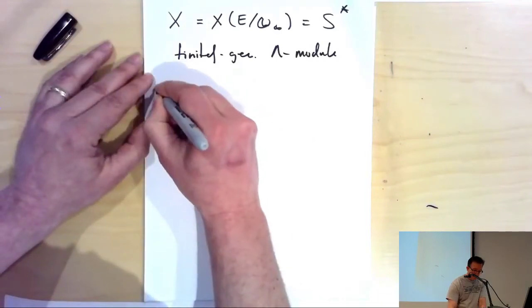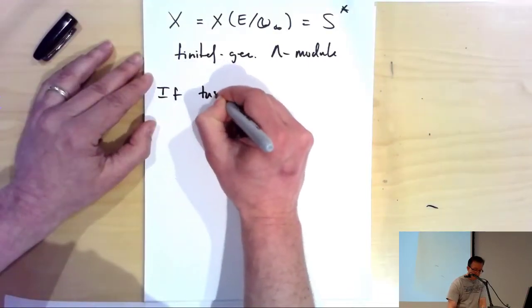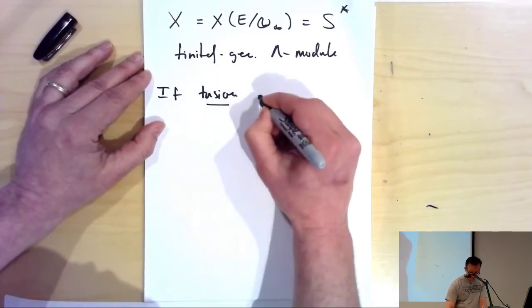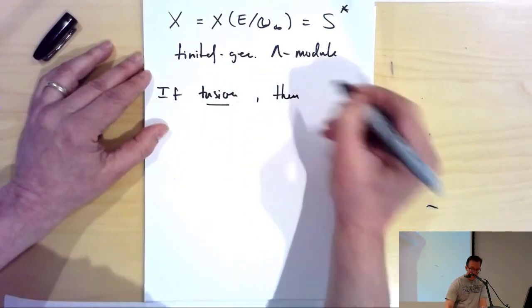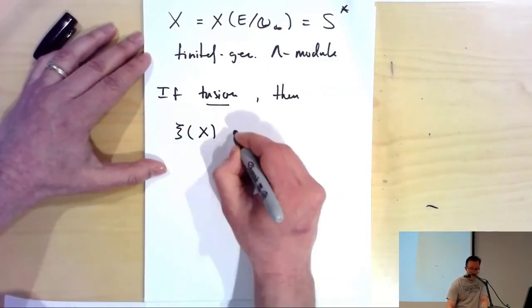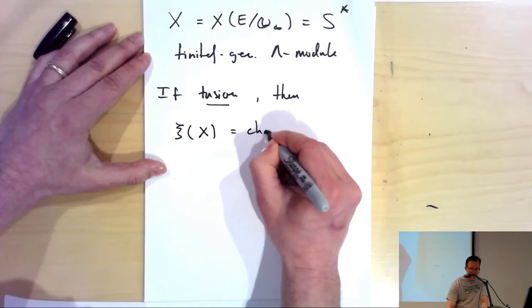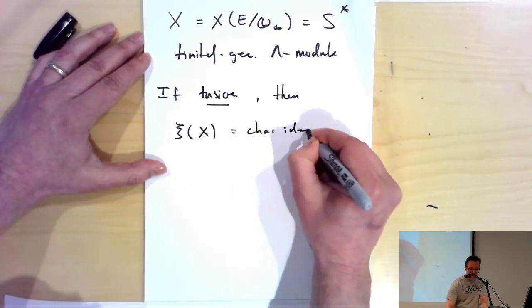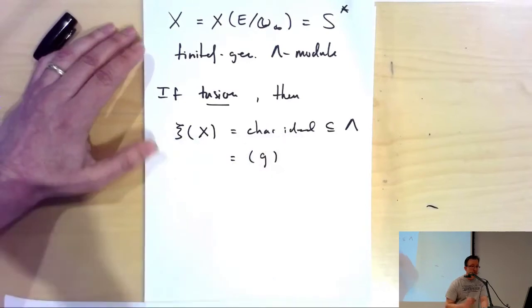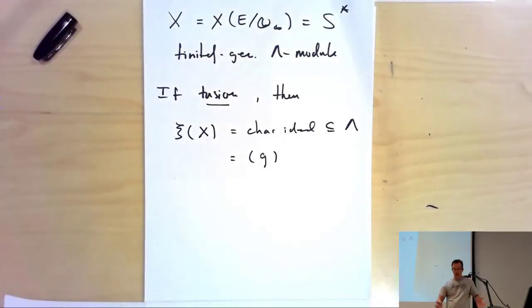And we could say if X is torsion, then we have a characteristic ideal, C of X, the characteristic ideal in Lambda, and that's generated by a polynomial or a power series.